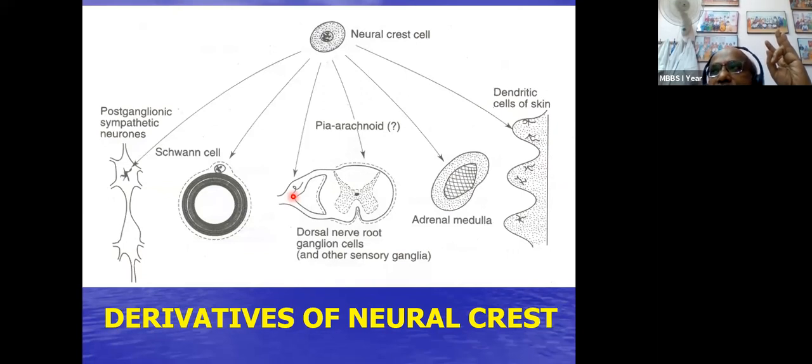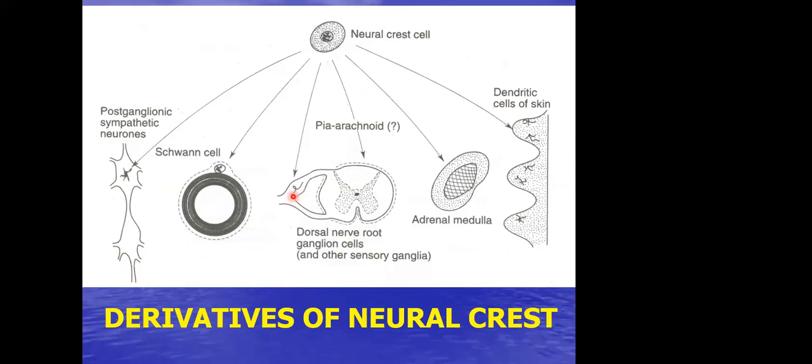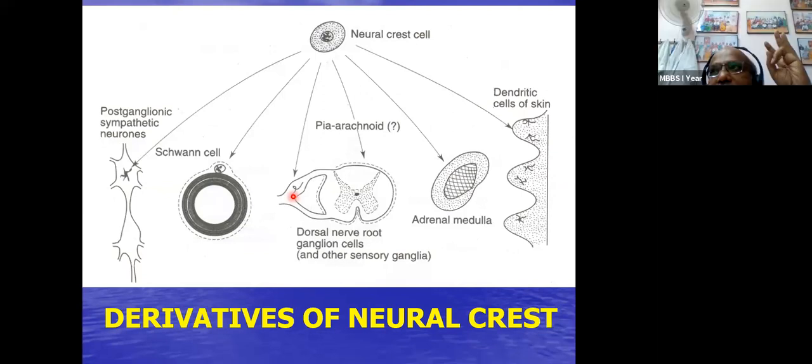The tract of Goll and Burdach, or the tract of gracilis and cuneatus. Gracilis and cuneatus are the tracts present in the dorsal funiculus, which they also call the dorsal column tract. They are carrying proprioceptive impulses from the body.